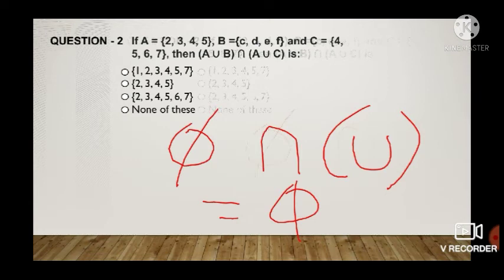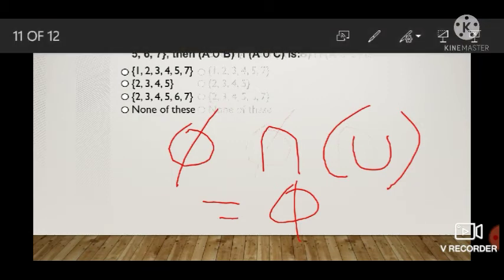Intersection is the common part, and the null set has no elements. If any set contains any elements, 1, 2, 3, 4 or anything, their intersection with the null set will only be the null set. So that's why it is a very easy question.